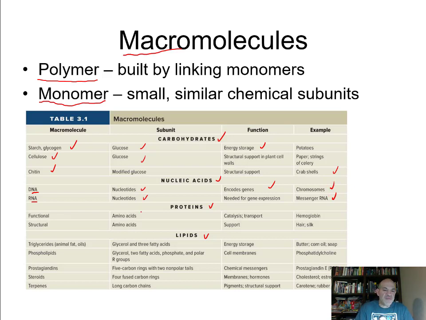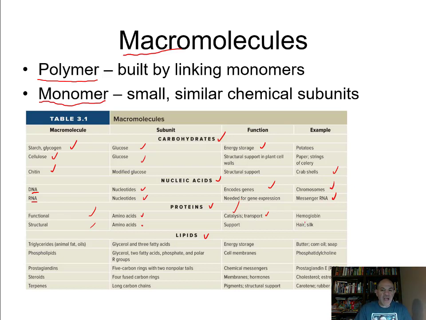And then proteins are made of monomers called amino acids, and there are functional and structural ones. Functional ones typically are dissolved in fluids, and they are enzymes that facilitate and speed up reactions, or they function in transport, like hemoglobin carrying oxygen in your blood.